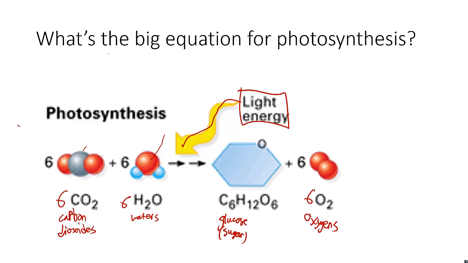We put all the energy from light into the sugar, and we get some oxygen as a waste product. So we take 6 carbon dioxides and 6 waters and add light. Then we turn that into glucose, sugar, and oxygens. You have to memorize that.